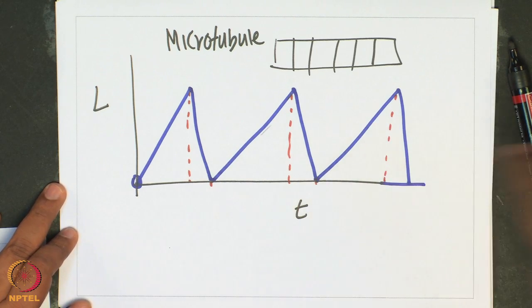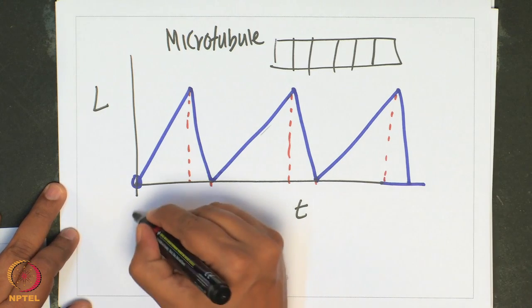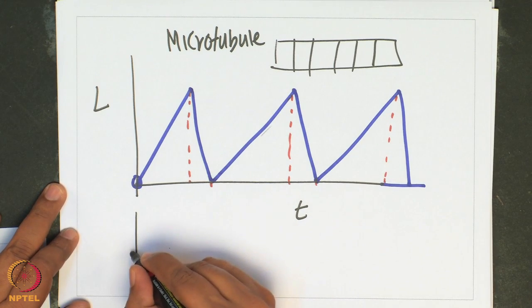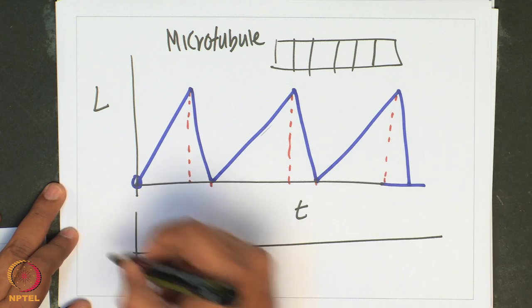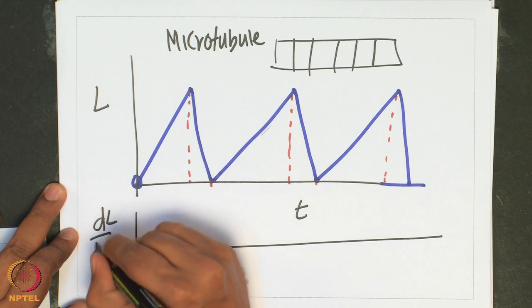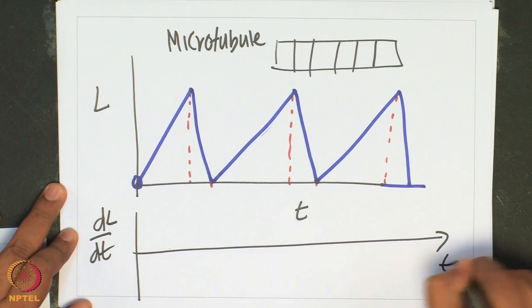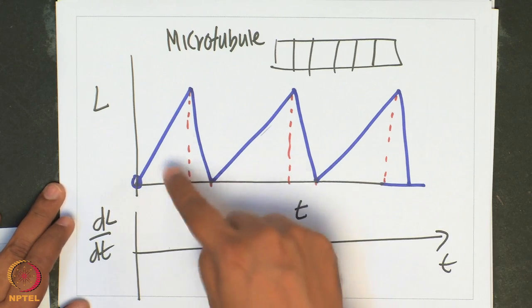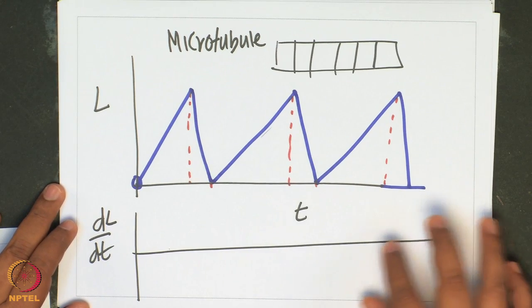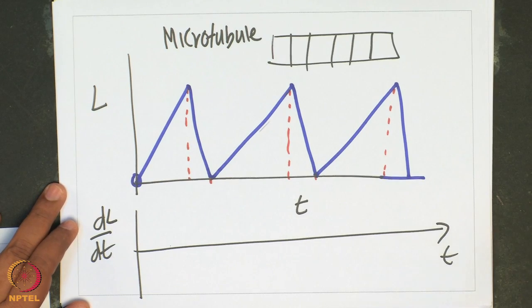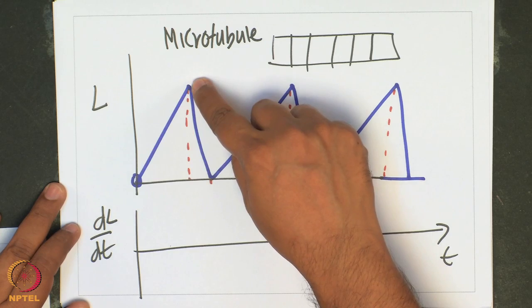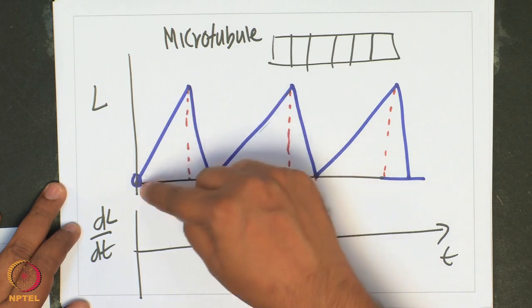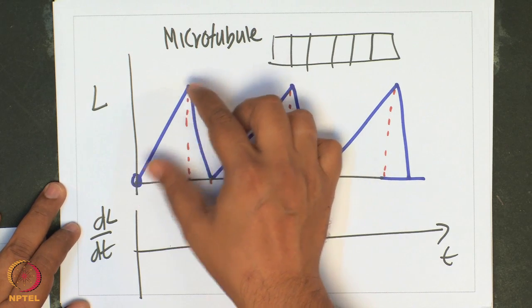Now if you look at this, we could plot its derivative. What I am going to plot is dl by dt versus t. Here there is a positive slope, which is a small positive number, because the slope is not very big.